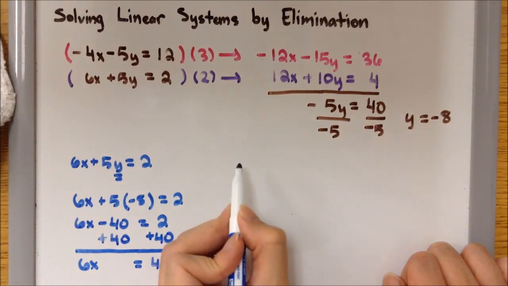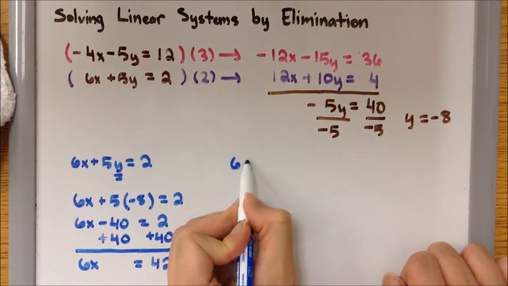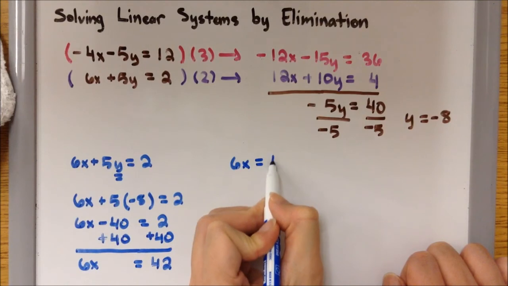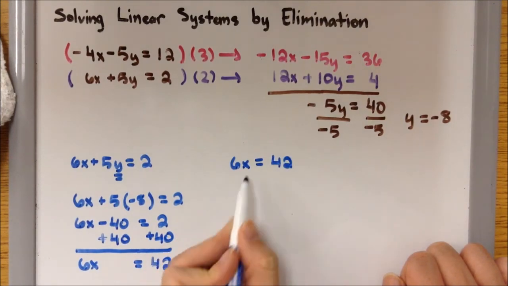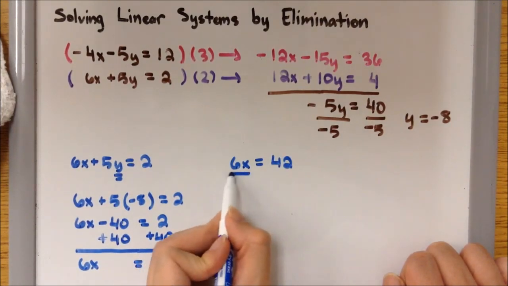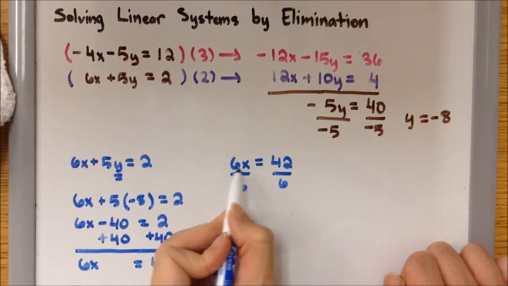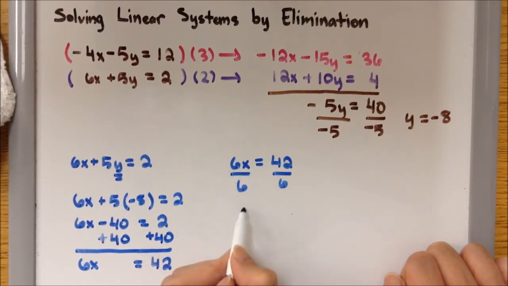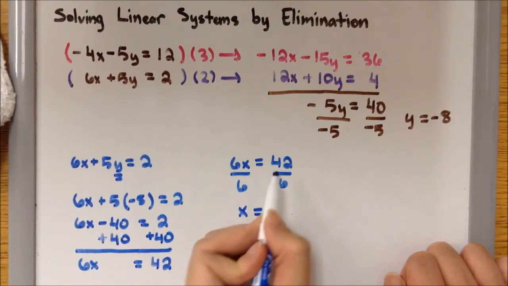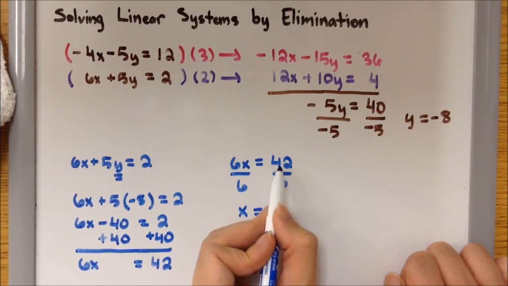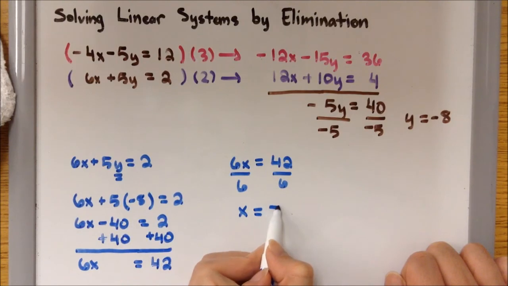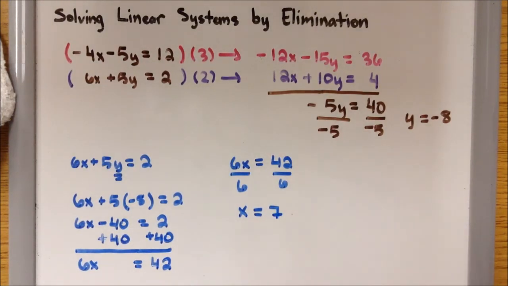I'm going to write right here, since I'm running out of space, 6x equals positive 42. If I want to solve for x, I'm going to divide by 6 on both sides. So 6x divided by 6 will be 1x, and positive 42 divided by positive 6 would be a positive 7. So there is our x value.